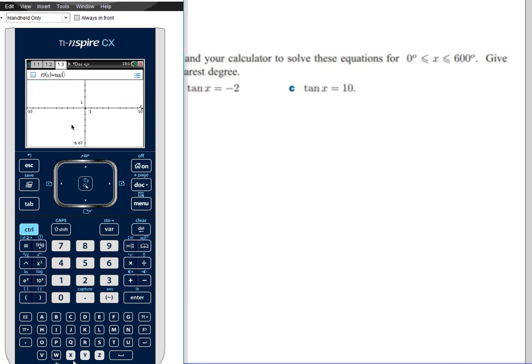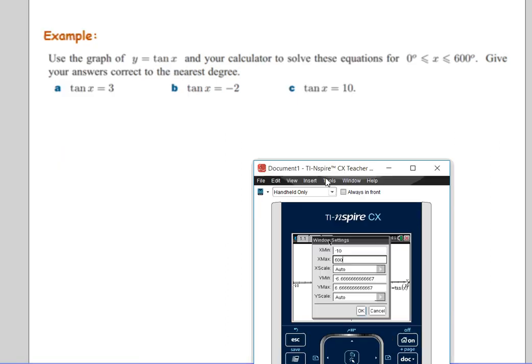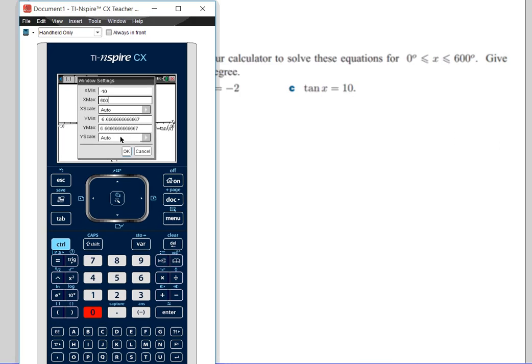So we've got to go from 0 to 600. Menu, window zoom. Go a bit less than 0 because otherwise you don't see the axis. So maybe -10 up to 600. Let's maybe go to -20 on the y-axis, just so it's a bit more than 10. -20 up to 20.